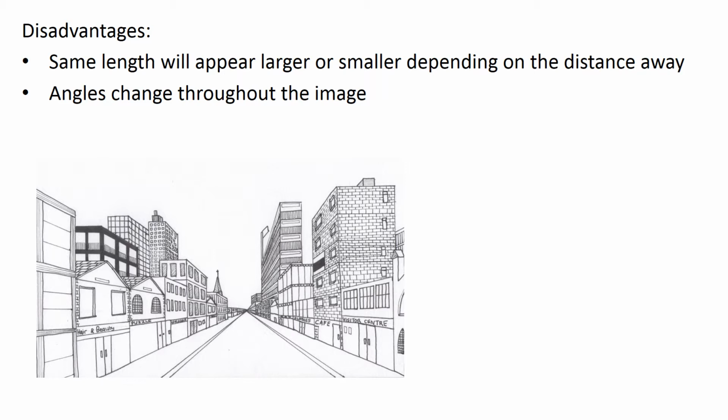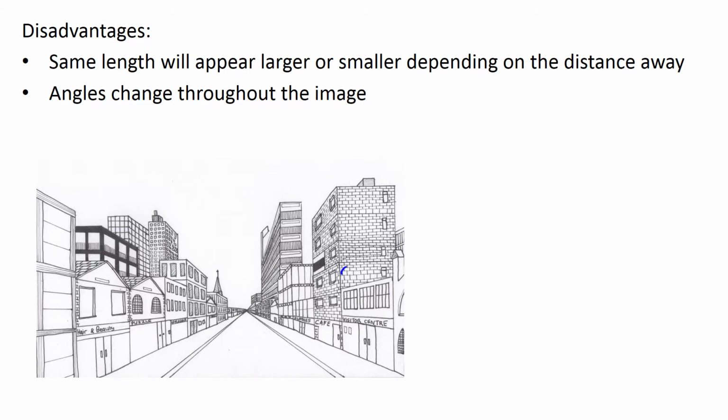So what does that mean for the disadvantages? Well, the advantage was that it looks realistic, but the disadvantage to that realism is that things that are the same length will appear larger or smaller based on the image.